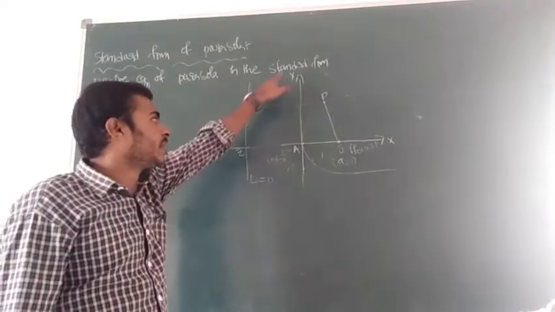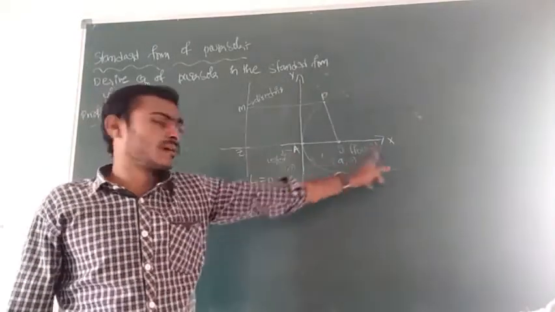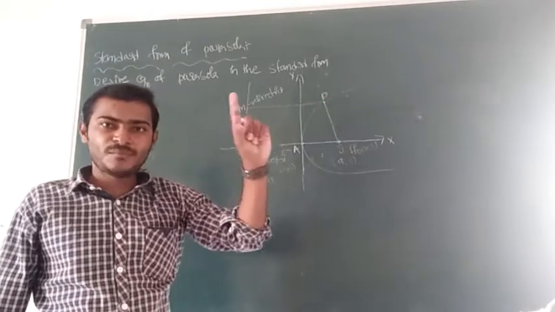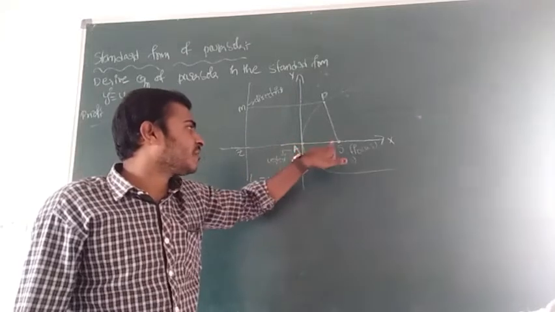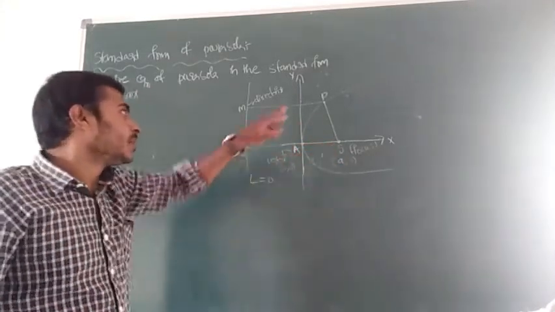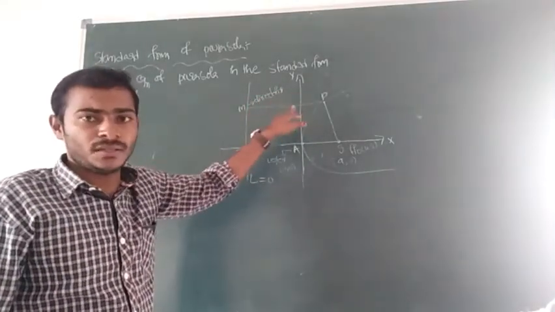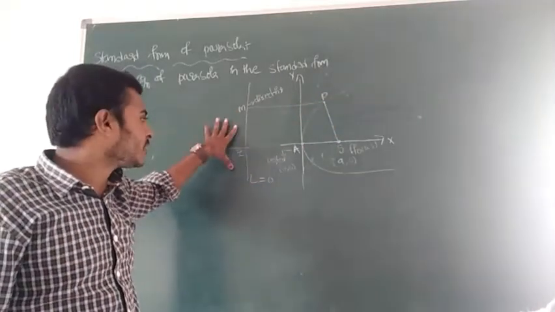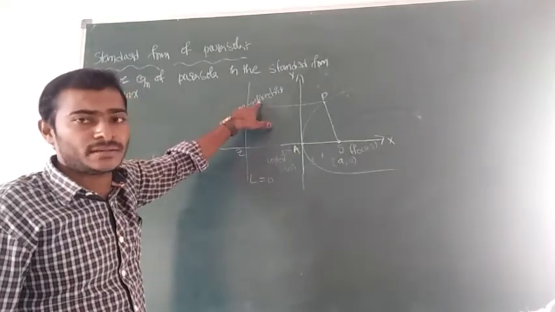Now first we take the y axis and x axis in this plane. Now we take the parabola, the curve. We take one point P, any point on the parabola. On the x axis we also take one fixed point called the focus. PM is the perpendicular distance from P to the directrix L, and L equal to 0 is called the directrix.